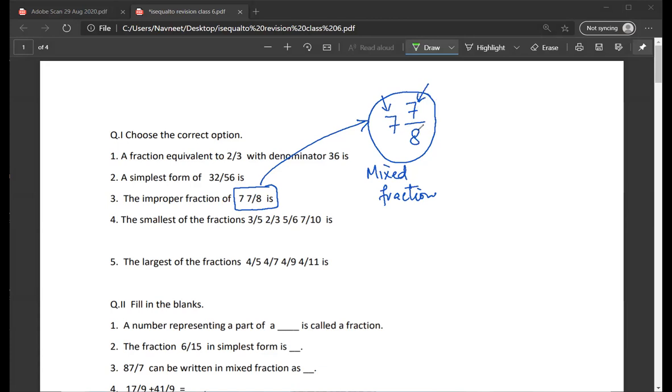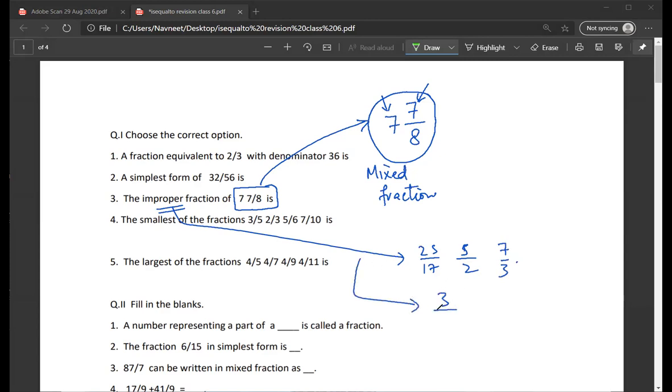So 7 7 by 8, the trick is to write this in the form of an improper fraction. Now what is an improper fraction? An improper fraction is something like 25 by 17 or 5 by 2 or 7 by 3. These are improper fractions.